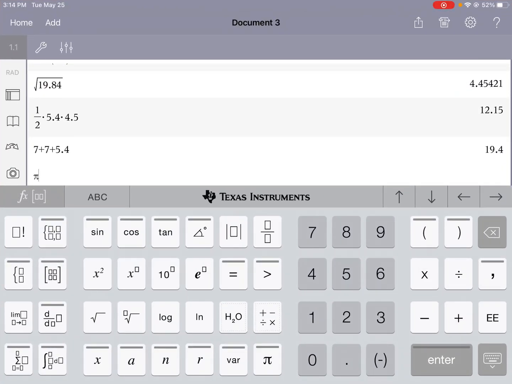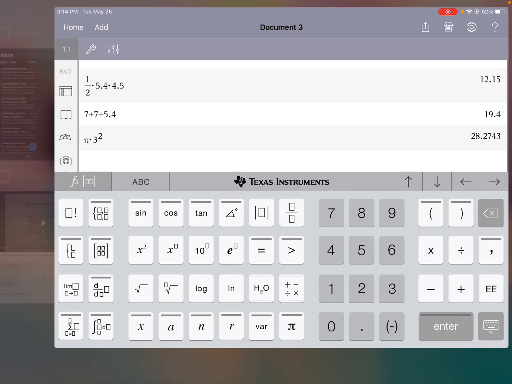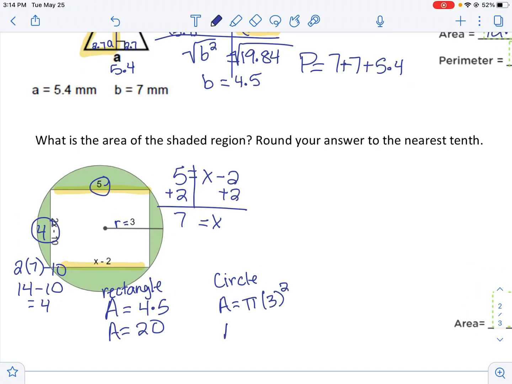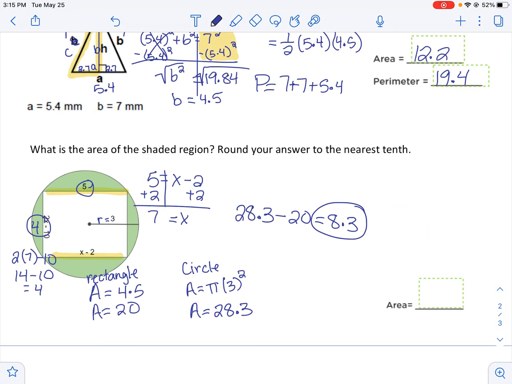So pi times 3 squared, I get 28.27, which is 28.3. To find what's shaded, I'm going to take the area of the circle, 28.3, minus the area of the rectangle of 20, and I get 8.3. So that would be the area of the shaded region.